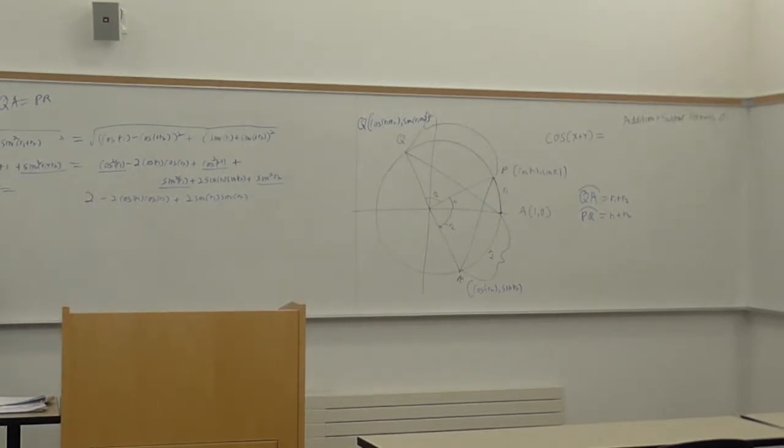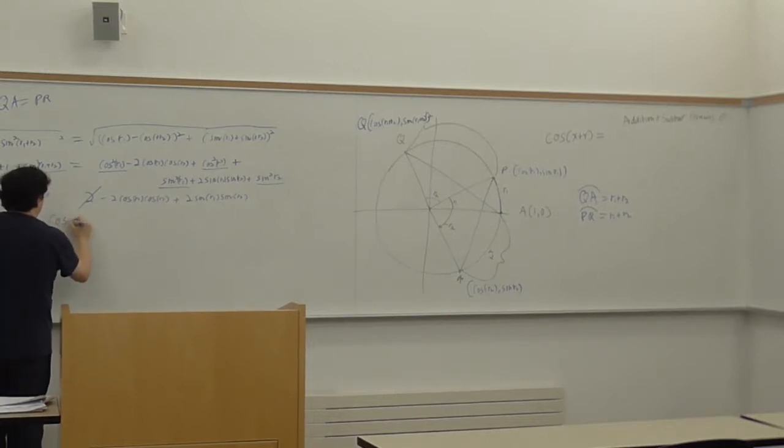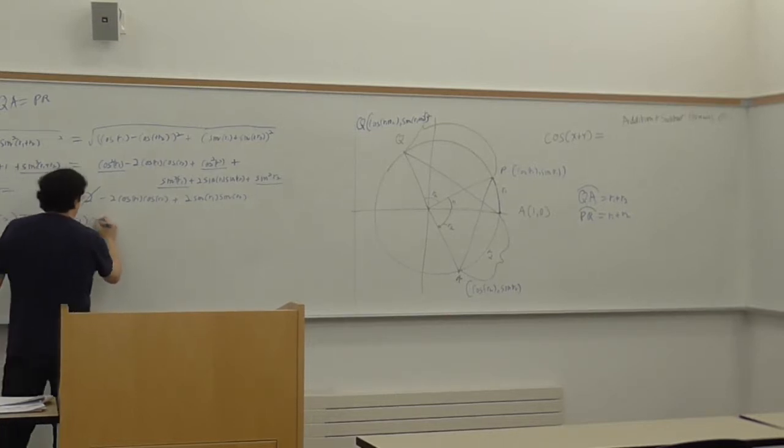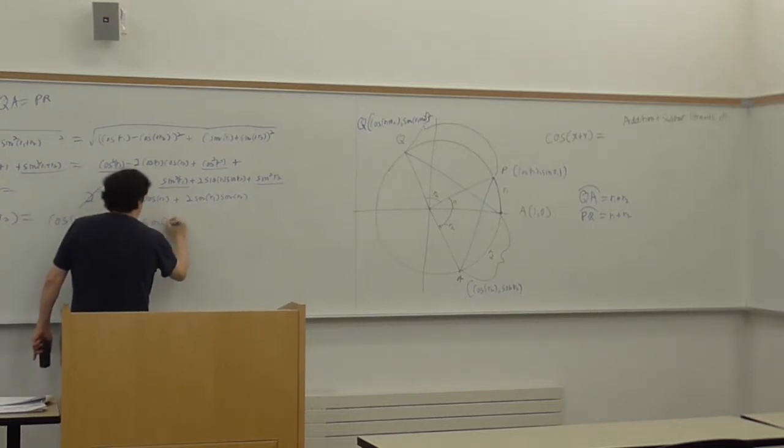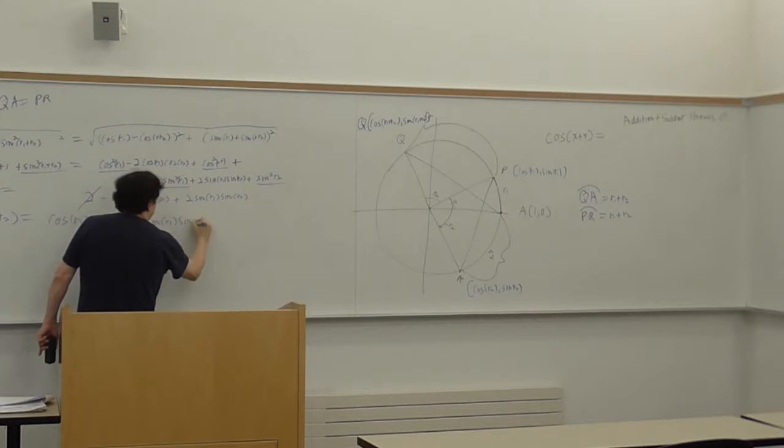But the 2's are just going to drop, aren't they? That was really fast. We're not quite done. Let's divide through by minus 2. So cosine R1 plus R2 equals cosine R1 cosine R2 plus sine R1 sine R2.